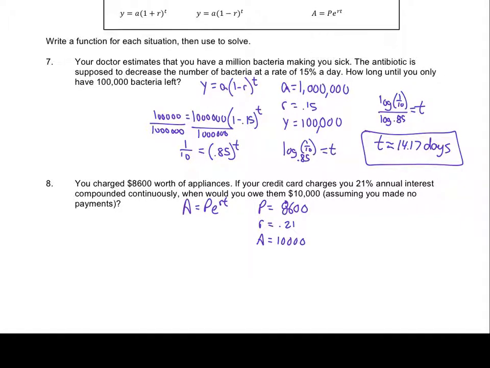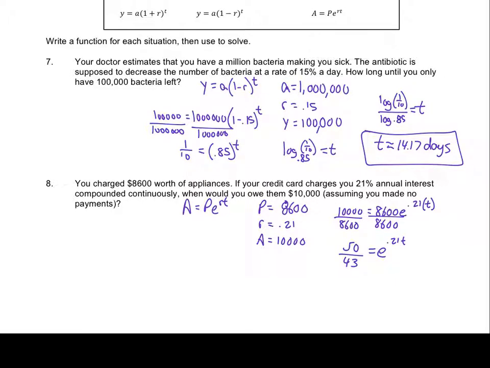So we're going to plug that in. 10,000 equals 8,600 times e to the 0.21 times t. We're going to divide by 8,600. That gives us 50 over 43 when we reduce that fraction equals e to the 0.21t.